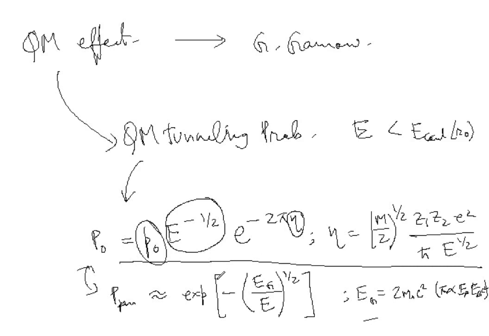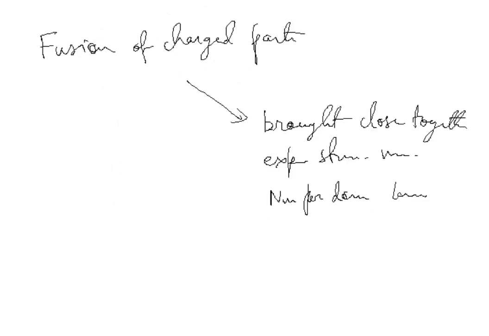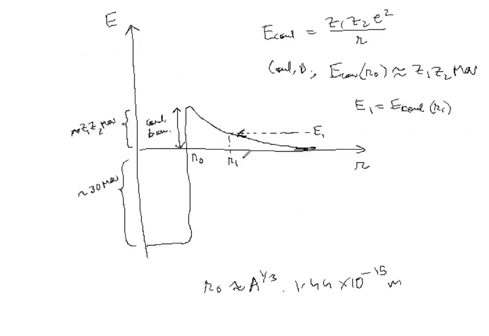Now this exponent is obtained as the only energy dependent part in an approximate evaluation of the integral over this E Coulomb minus E by half, which is extended from this R0 to a distance of closest approach.